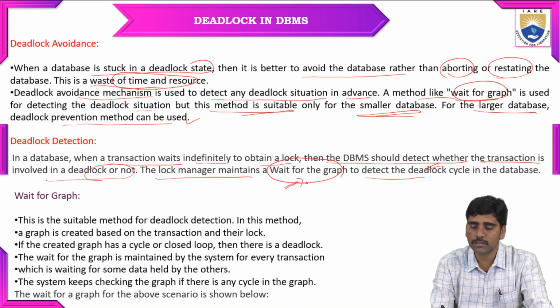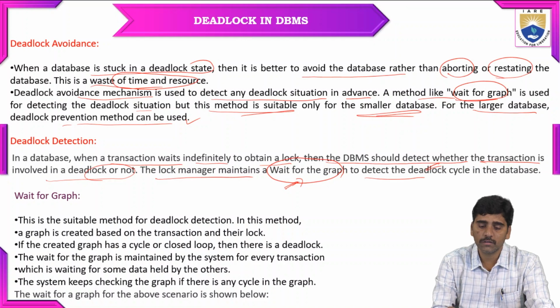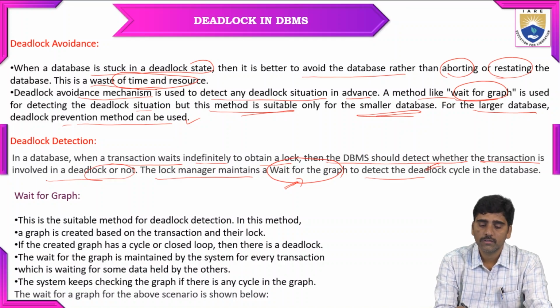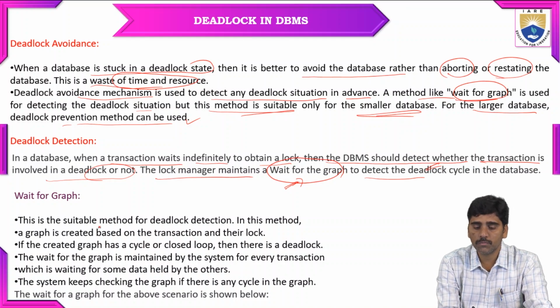So the wait-for graph is a suitable method for deadlock detection.